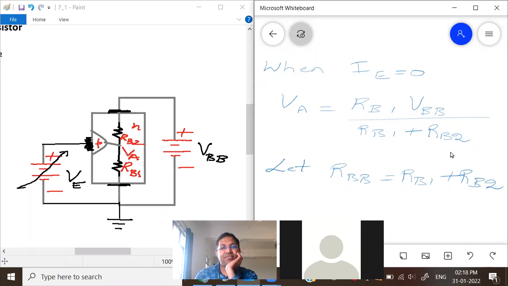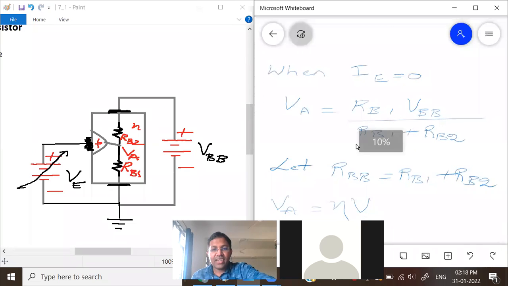This ratio of resistances is known as the intrinsic standoff ratio, represented by eta. So what is eta? Nothing but RB1 by RB1 plus RB2.